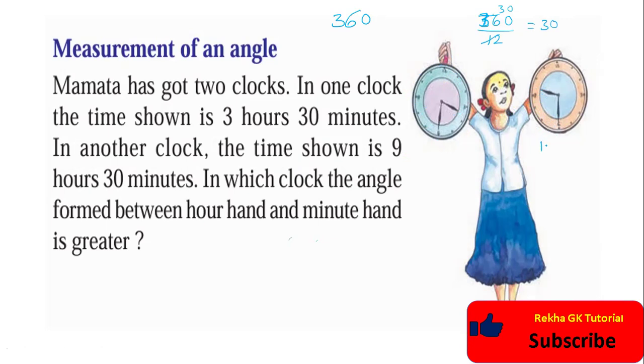This is 90 degrees plus 15 degrees, 105 degrees. This is 105 degrees. For the other clock, this is 30 degrees, 60 degrees, half means 15 degrees. 60 plus 15, 75 degrees.